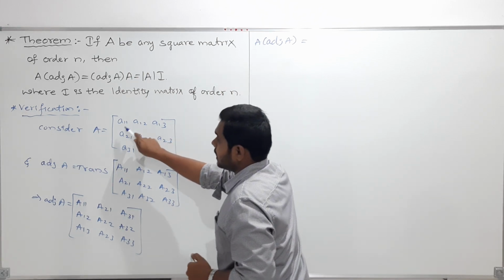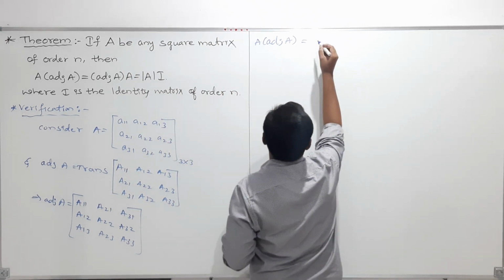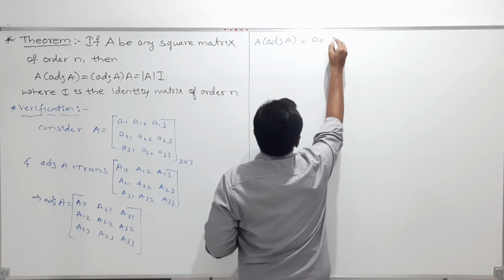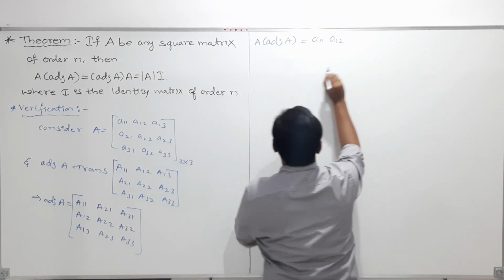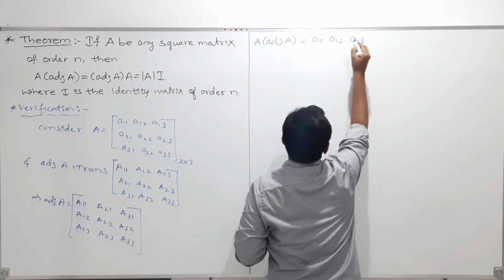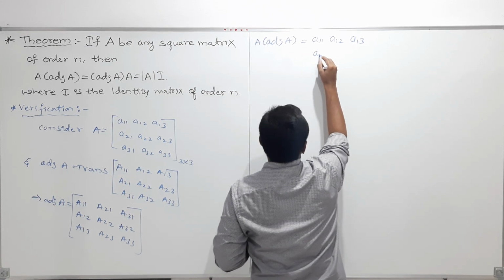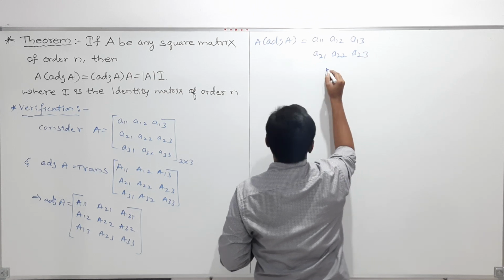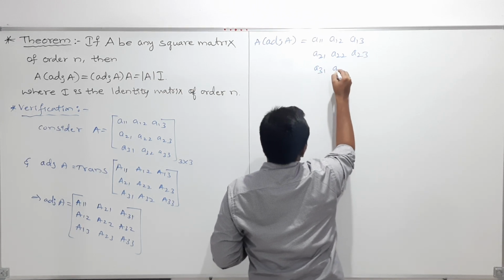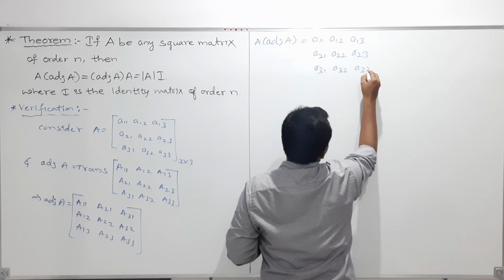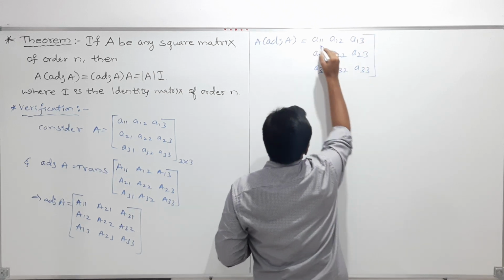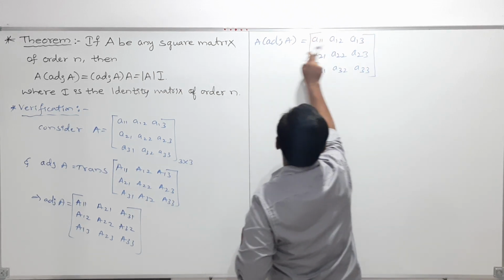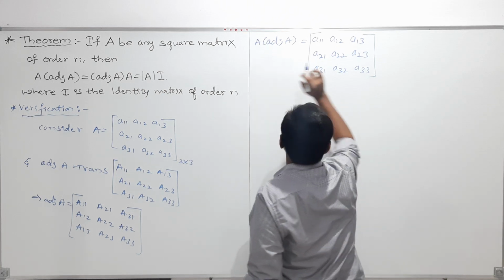I already took it: A is the matrix with rows a11, a12, a13, a21, a22, a23, and a31, a32, a33. So this is your matrix A into adjoint of A.